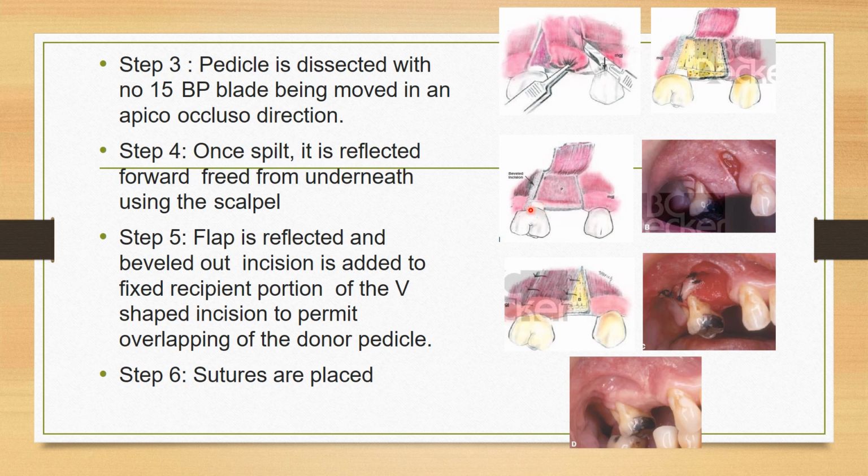That is, the flap is reflected and a beveled incision is added to fit the recipient portion of the V-shaped incision to prevent overlapping of the donor pedicle. So always it will be a V-shaped incision, so it won't get overlapped over this tissue. Then sutures have been placed. You can see clinically also, this is the V-shaped incision created, and this is being transferred to this area.